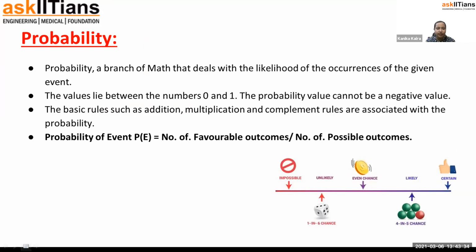So what do you understand by probability? The basic definition. For example, suppose a shopkeeper wants to buy some sugar. He has to buy some quantity, so what quantity should he buy so that the sugar is completely sold off? He has to estimate the quantity, right? That depends on the previous month's sale.